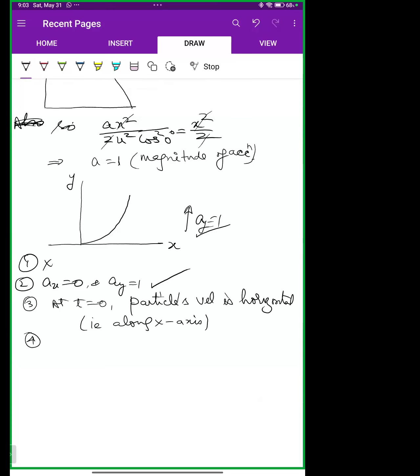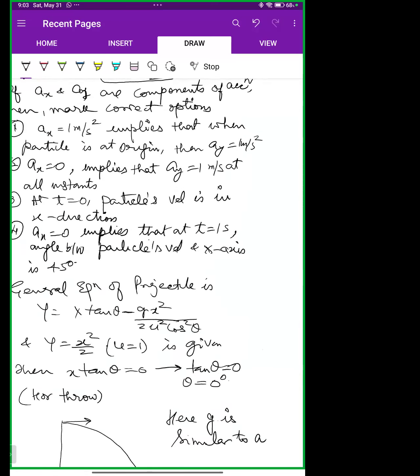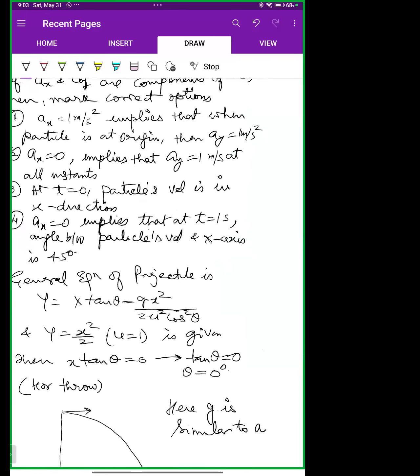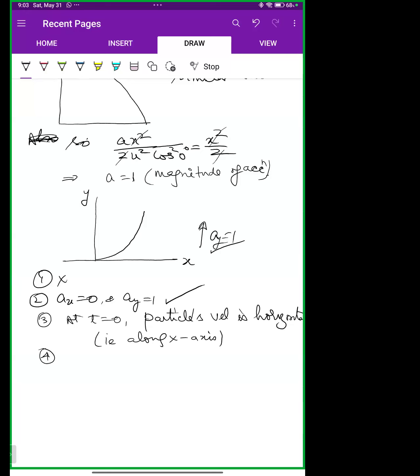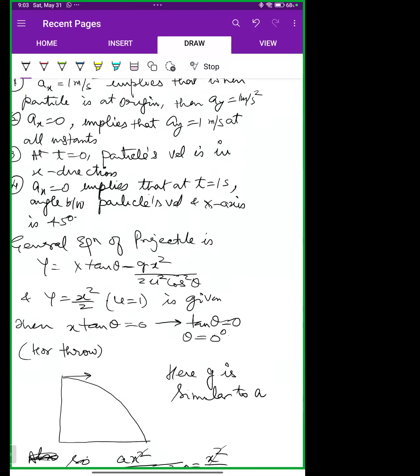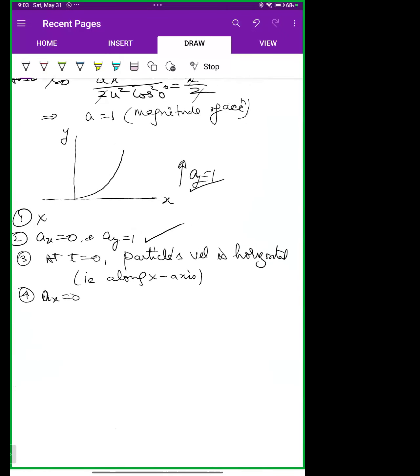Fourth, ax equal to 0 implies that at t equal to 1 second, the angle between the particle's velocity and x-axis is 45 degree. Let us find out. ax equal to 0, that is correct.